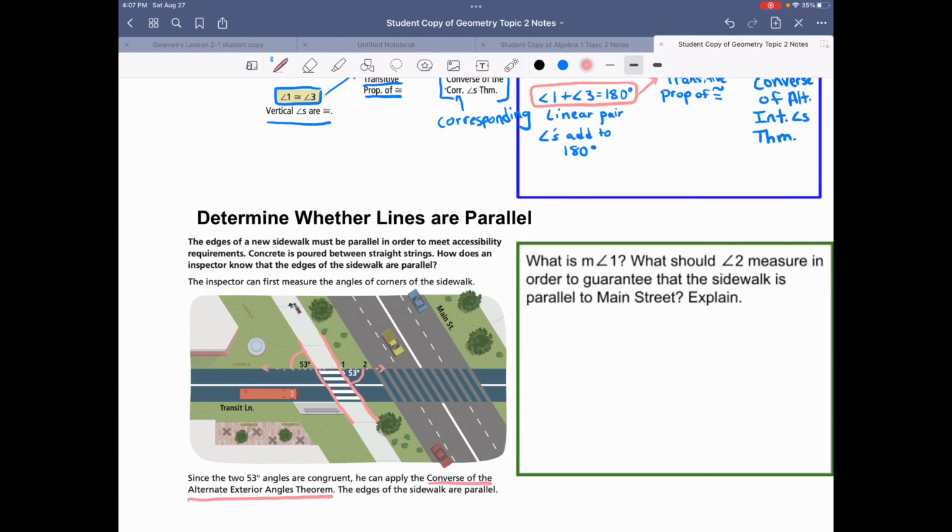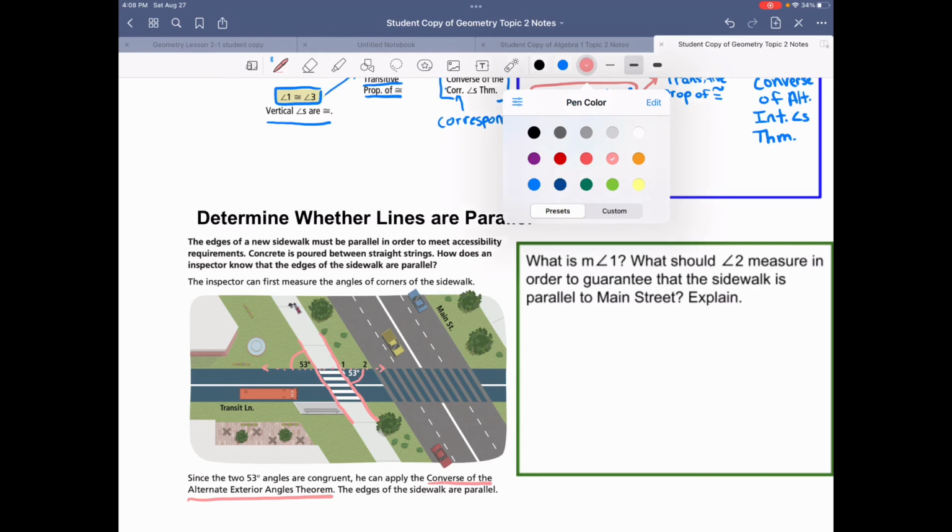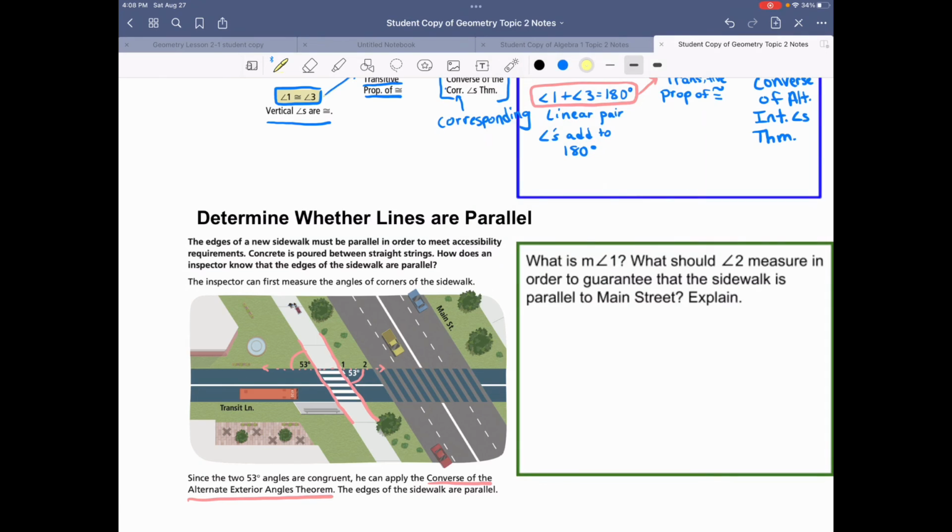What is the measure of angle 1? And what should angle 2 measure in order to guarantee that the sidewalk is parallel to Main Street? All right, I'm going to grab, let me see if yellow will show up well.